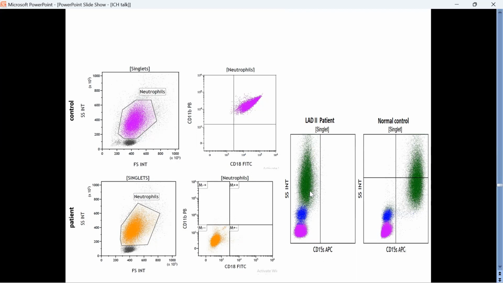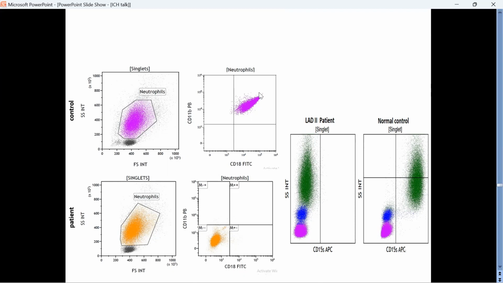It is negative for CD15s, and this patient was diagnosed to be LAD2. These LAD2 patients typically have a Bombay blood group. Okay, so you can confirm that also. So that can add as a special supporting criterion for your diagnosis. Okay, so this is how flow cytometry helps in the diagnosis of leukocyte adhesion defect 1 and 2.